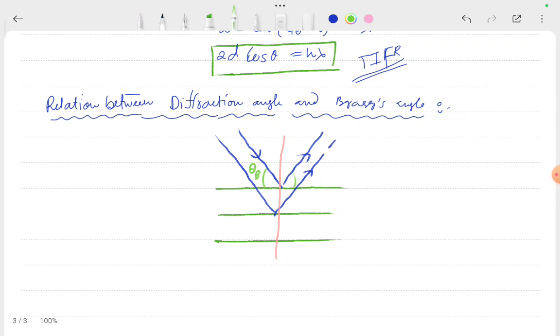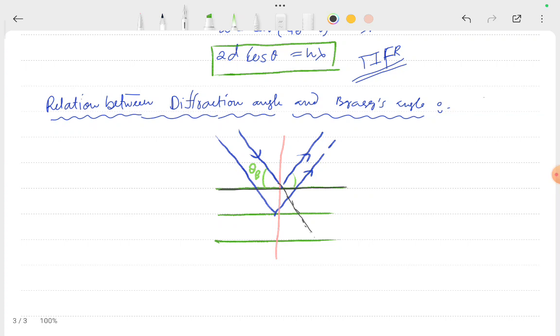What is the meaning of diffraction angle? Let us know. Imagine that if this plane is not here, then what happens? The electromagnetic wave passes through the crystal.